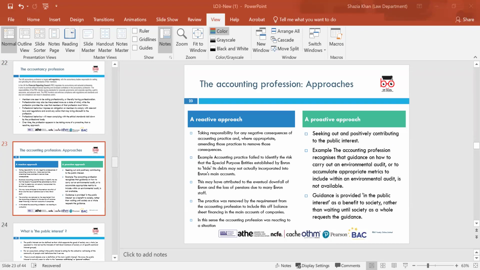The accounting profession looks at two approaches: the reactive approach and the proactive approach. The reactive accountant is someone who waits for the client or events to instigate any sort of activity.